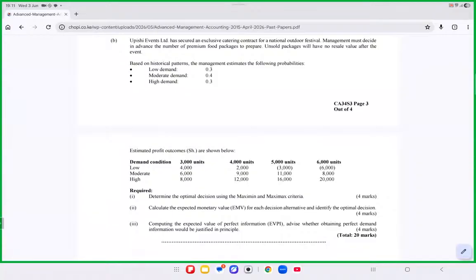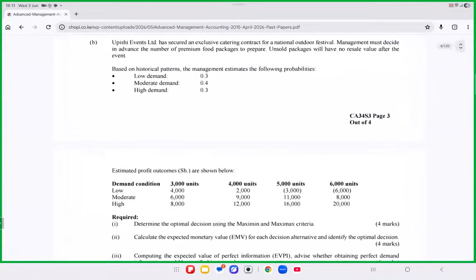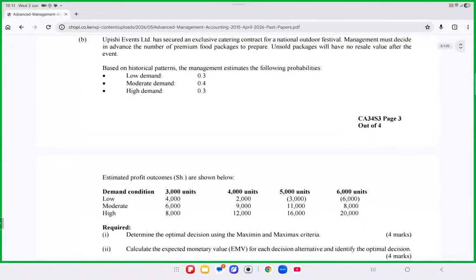Events Limited has secured an exclusive catering contract for a national outdoor festival. Management must decide in advance the number of premium food packages to prepare, and all packages will have no resale value after the event.